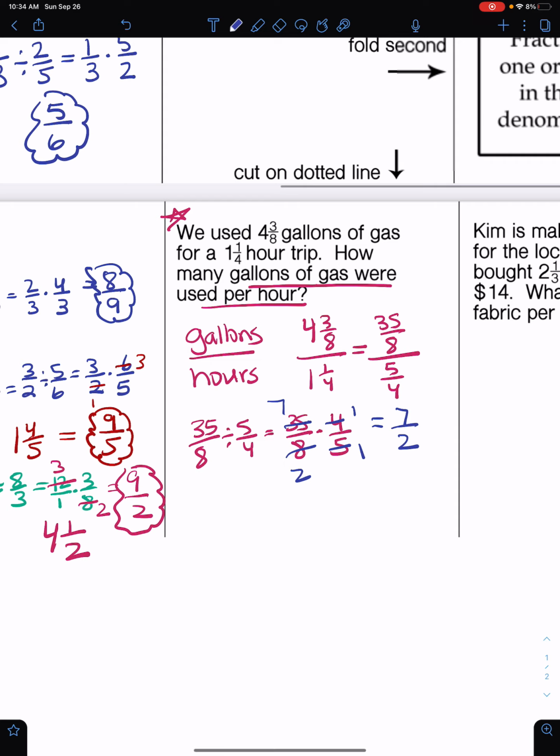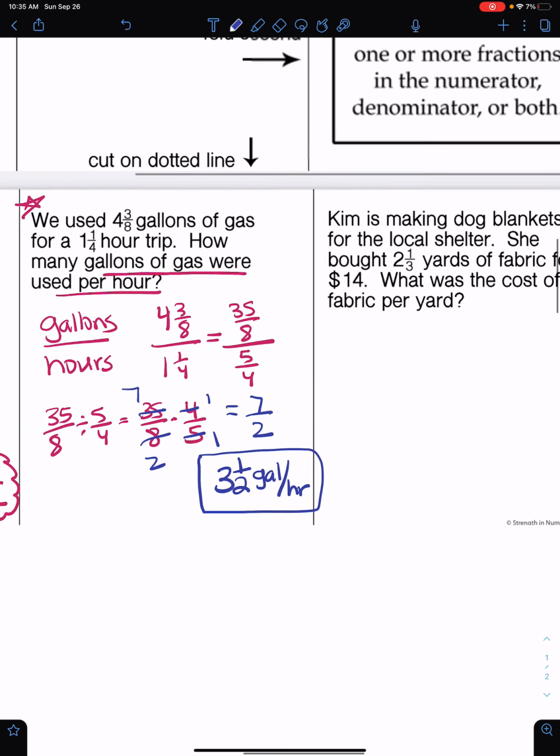So even though I said I like improper fractions, if we want to know how many gallons of gas per hour, when you fill up your car with gas, you probably don't say that you want 7/2 gallons of gas. You would want to say 3.5 gallons per hour. So this is our gas mileage for the trip, 3.5 gallons that we use every hour.